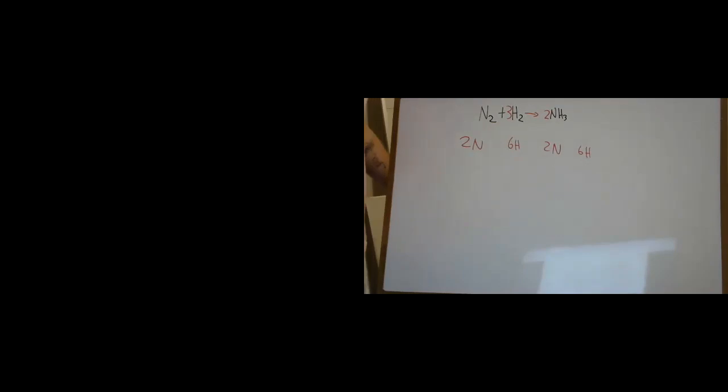So we would balance nitrogen first, so 2 NH3 with 3 H2. We check our working. Yeah. 2 nitrogen, 6 hydrogen. It's balanced. If you don't balance the equation correctly, you might as well not continue with the question because it's going to be wrong. This is the basic stuff that you need to get right.